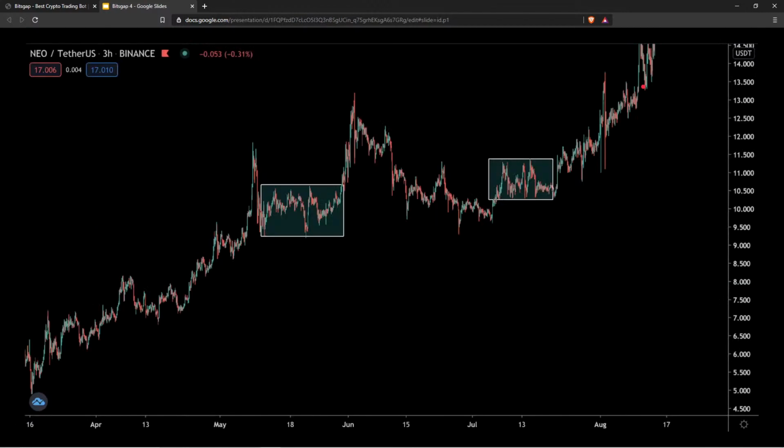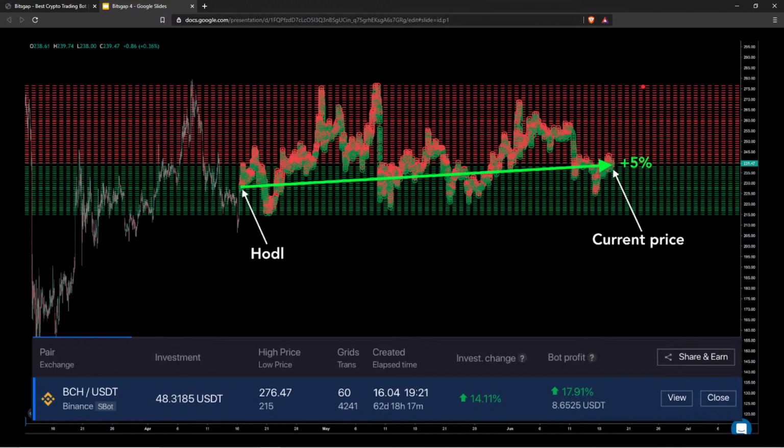So that was strategy 4, but we will actually stick to another agenda. Here is an example of how the automated algorithm significantly outperforms a simple HODL strategy. If you would simply buy the base currency here, that's Bitcoin Cash, and hold it until the current price, you would be only up by 5%.